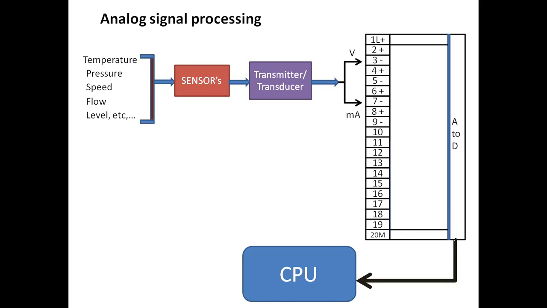For example, if we are measuring some temperature like 0 to 100 degrees centigrade, which is in raw units, this is further converted to 0 to 10 volts using a transmitter or transducer. Then you can also have it in current format, between 4 to 20 milliamps.